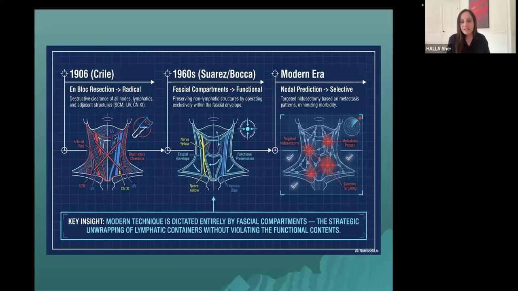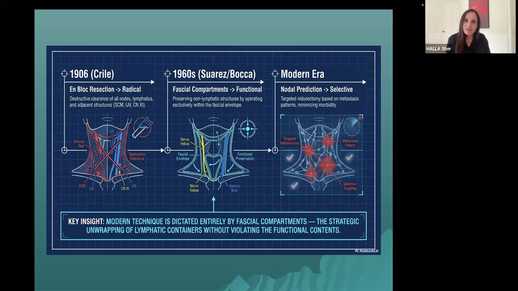So in the mid 20th century, Suarez, another general surgeon at the time, discovered that the lymphatics of the neck are contained within fascial compartments, comprised of the fascia overlying the submandibular gland, the fascia overlying the carotid sheath, the sternocleidomastoid, and the fascia overlying those deep posterior neck musculatures and nervous structures.